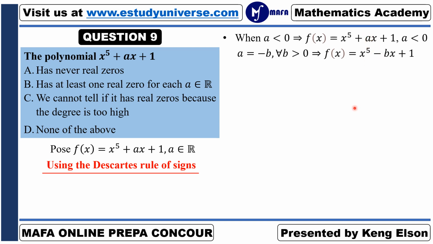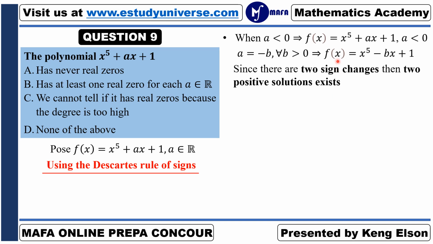All right, now let us look for our number of positive real solutions and negative real solutions. So how many sign changes are here in f of x? There are two sign changes. From positive to negative is one sign change. From negative to positive is another sign change. So it means that there are two positive real solutions because there are two sign changes in f of x.